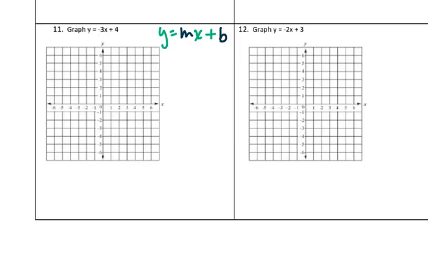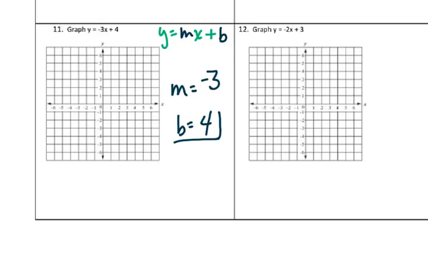So whenever it's in y equals mx plus b, I want you to write m equals, b equals. M is the slope. It's the number attached to the x. This m is the number -3. B is the y-intercept. It's the constant without the x. It's the number 4. You could write that as an ordered pair, 0, comma, 4, because it's the y-intercept.